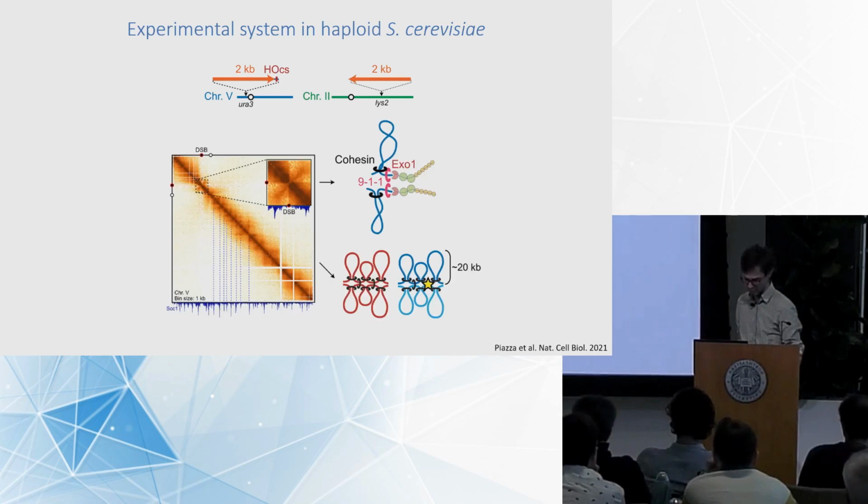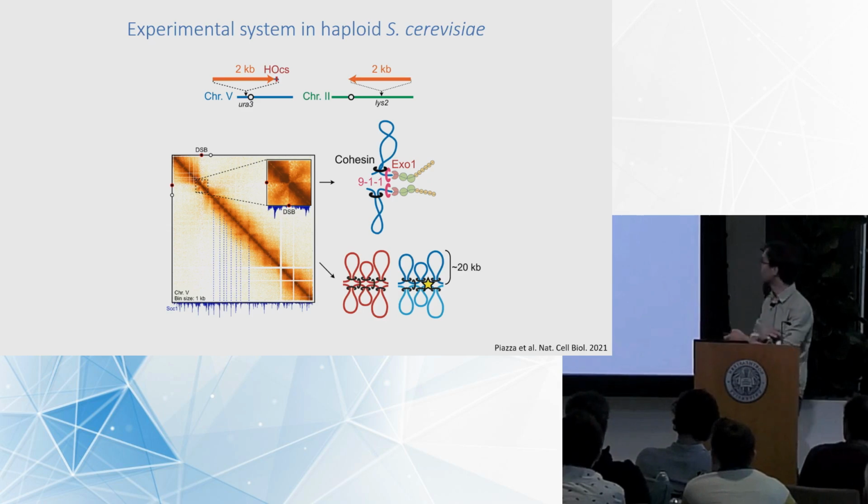So we used this system in the past with IC to answer the question, what happens to chromatin in 3D when you make a break, and how does this organization influence the downstream repair steps. Once you make a break, a number of features appear along the main diagonal of the broken chromosome, chromosome 5, which is true also for all the other chromosomes: the appearance of loops that are mediated by cohesin.